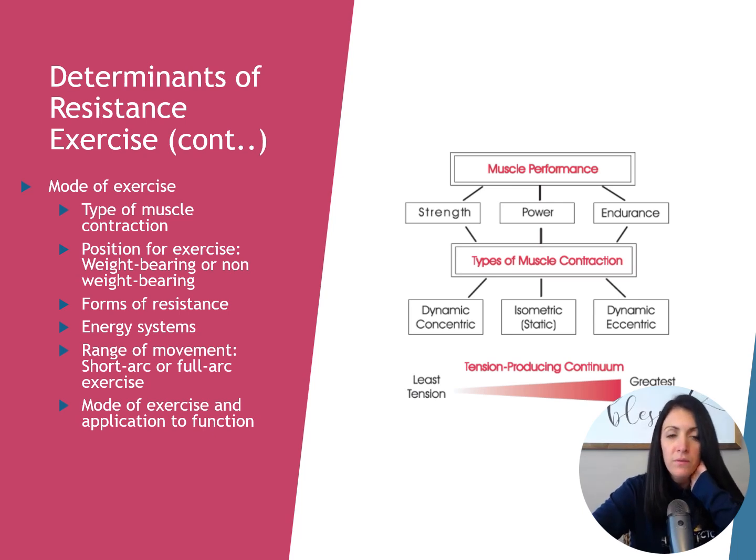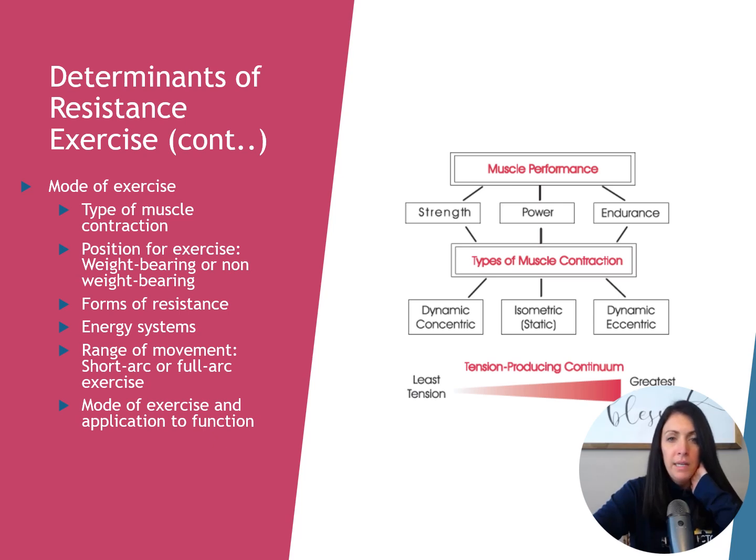For forms of resistance, manual and mechanical resistance can be applied externally. With mechanical resistance, you can have a constant or variable load, such as free weights or weight machines.